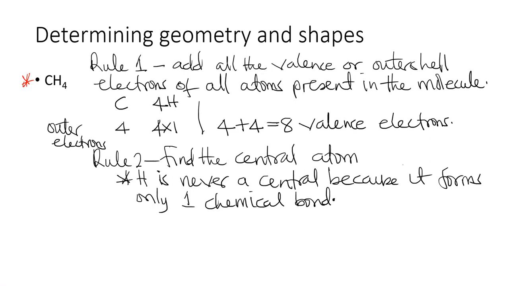So an atom needs to form more than one chemical bond to become a central atom. So hydrogen is never a central atom. So in this case, it's easy. Our central atom is carbon. So that is rule 2.